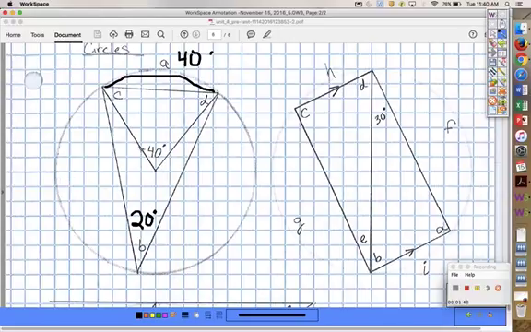They are congruent. So that means any triangle made out of radiuses will be an isosceles triangle. Since I have 40 degrees here, C and D together add up to 140 degrees, which means C is 70 and D is 70. There you go.